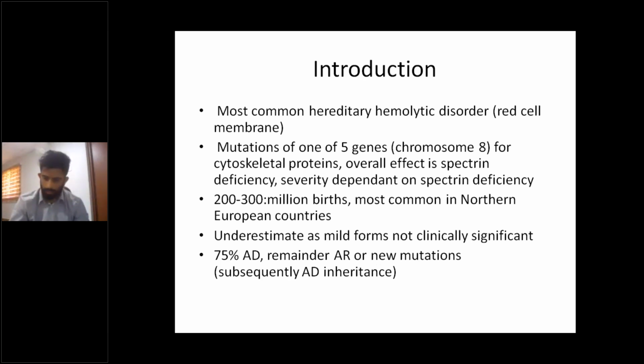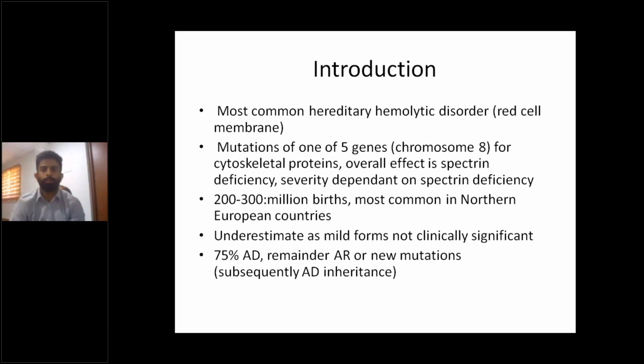So spectrin deficiency causes the most severe form of hereditary spherocytosis. Just like we have a thalassemia trait, we have an intermediate thalassemia, and then we have a thalassemia major. There is a less severe form. There's a mild form of hereditary spherocytosis. There's a moderate HS. There's a severe HS and a very severe HS.